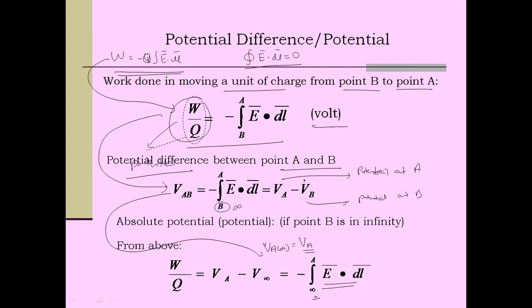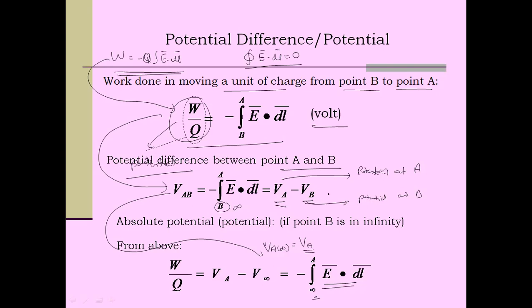Potential difference is basically the difference between two absolute potentials: the potential at the endpoint, VA, minus the potential at the initial point, VB.